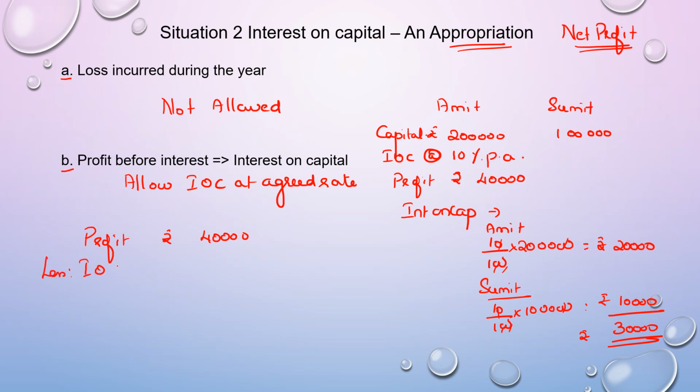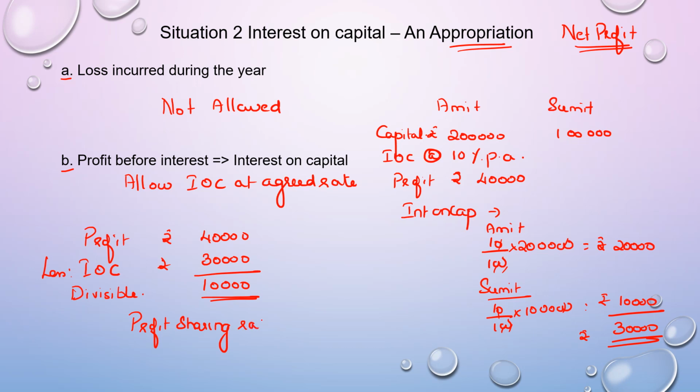So we allow the interest on capital of 30,000. Out of 40,000, 30,000 goes to the partner Amit and Sumit as 20 and 10,000 as interest on capital. So the balance what is left is called as divisible or the distributable profit. This would get divided amongst the partner in their profit sharing ratio.